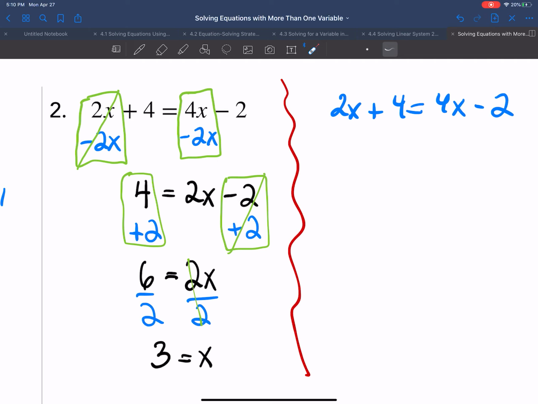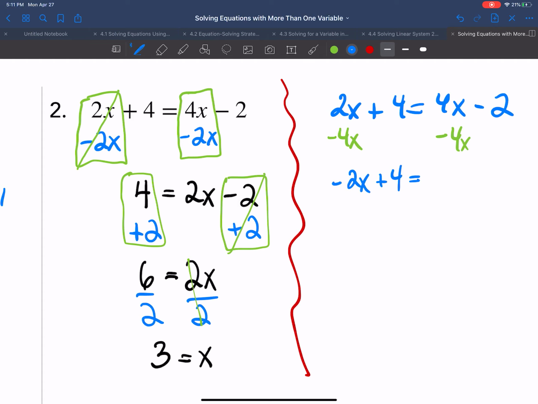So if I'm going this way now, I'm going to do the opposite of 4x, which is negative 4x. Negative 4x. So then that would simplify to negative 2x plus 4.